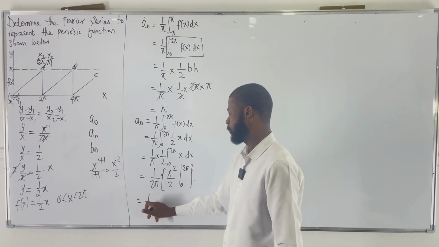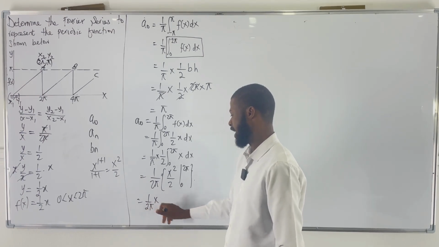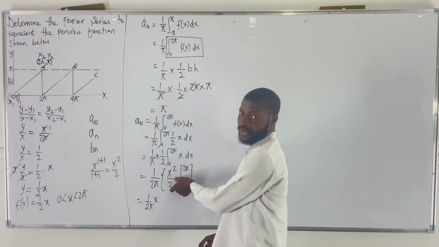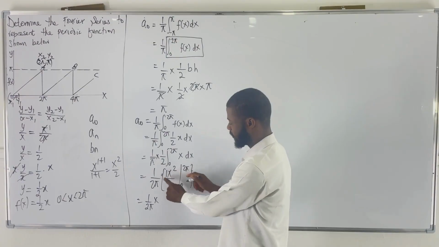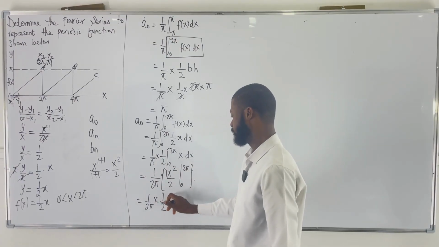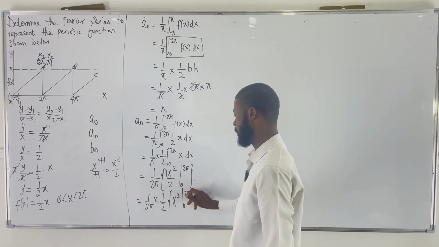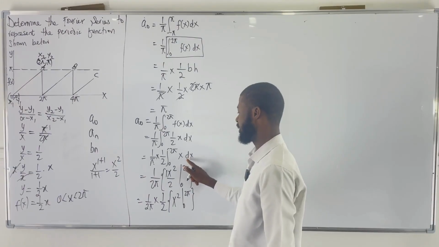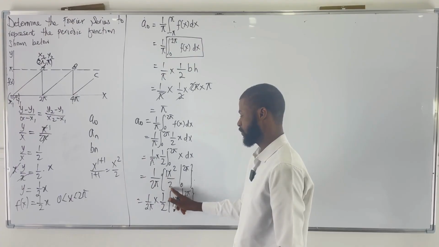Now this is 1 over 2 pi times, the over 2 here is also a constant, so I can bring it out again. So this is 1 over 2, and then only the x squared would have the limits 0 to 2 pi. Remember that this is with respect to x, right? That's why I was able to bring out the over 2, because 2 is a constant here.